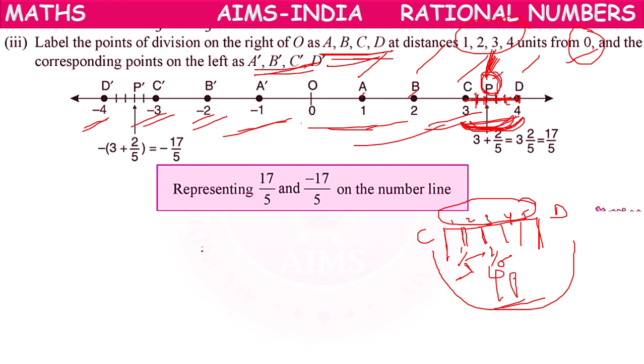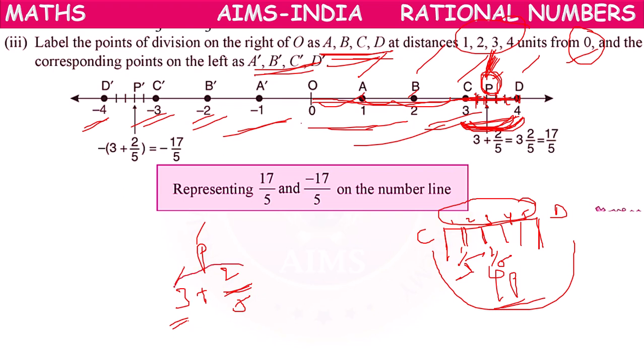Now the second part is P. What is the value of P? From 3, the distance of P is 2 by 5. But we have to calculate the value of a point always from 0. From 0, 1, 2, 3 means the point P is at a distance of 3 units from 0, and at a distance of 2 by 5 units from 3.